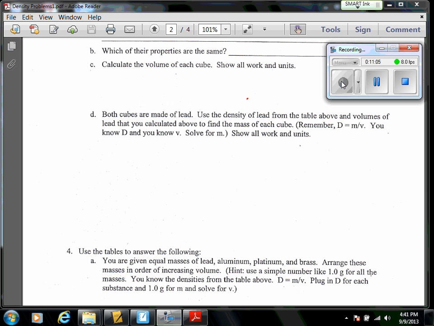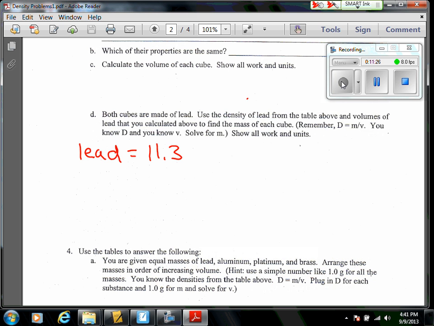So this is where we get just a tiny bit more difficult in these density problems, because we know from the chart on the first page that lead has a density of 11.3 grams per cubic centimeter. We know the volume of the two cubes because we calculated it above.